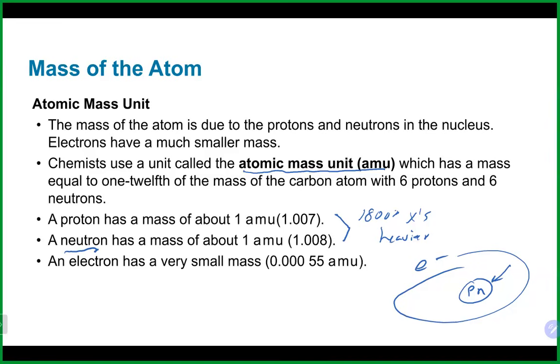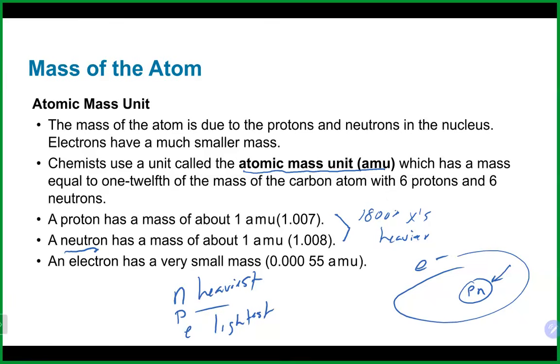Any questions on that? You do not need to know the actual masses of each of those, but you do need to know that the neutron is the heaviest, and our electron is actually the lightest. And obviously our protons are in between, very close to our neutron.